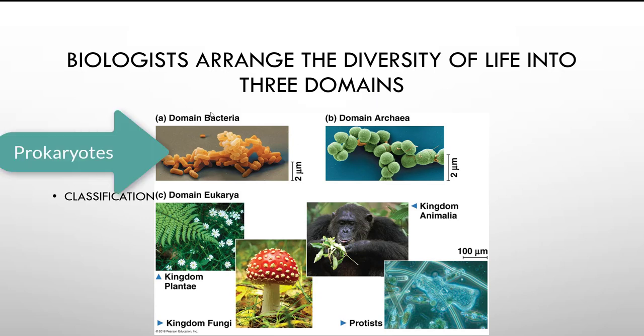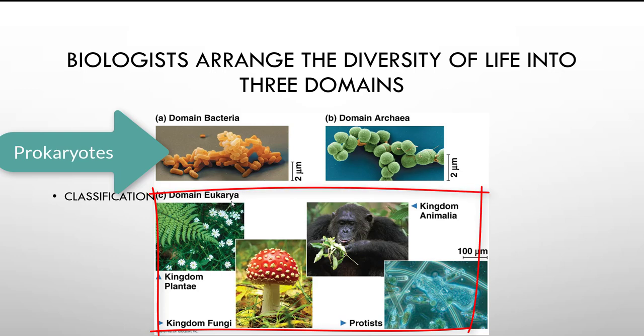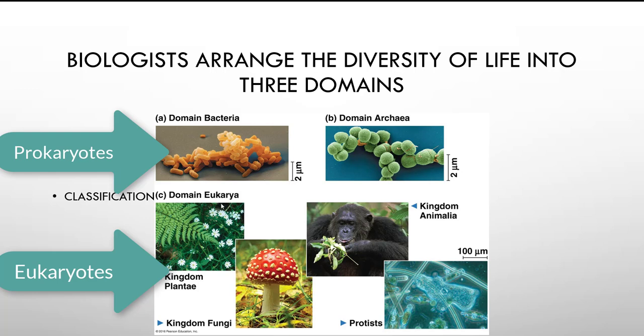They have domain Bacteria and they have domain Archaea. So those are 2 of the 3 domains of life. The third is domain Eukarya, which, hey, eukaryotic cells, that makes sense. Okay, so domain Eukarya has the eukaryotic cells. Domain Bacteria and Archaea, they have the prokaryotic cells.